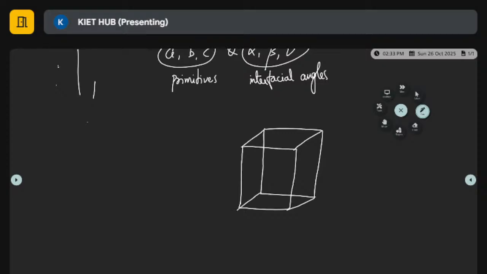It is a cube. Okay. Now this is one plane. I am drawing a line parallel to this plane called the x-axis. Vertical plane, y-axis. Another plane, z-axis.